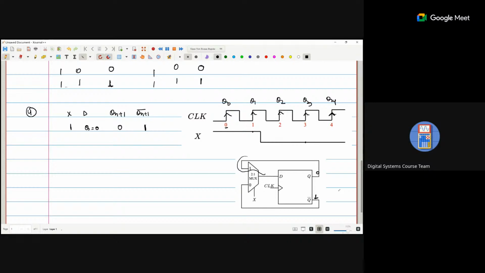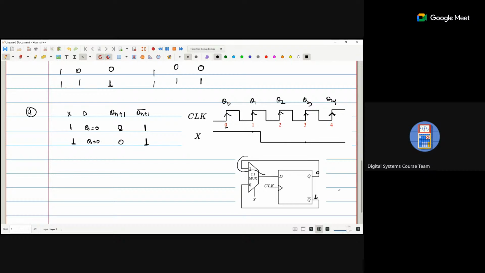Now for the second clock, again x is 1. If x is 1, d is q, that is 0, because the previous state output is the input for the next state. Now if q is 0, Qn plus 1 is 0 and Qn plus 1 bar is 1.